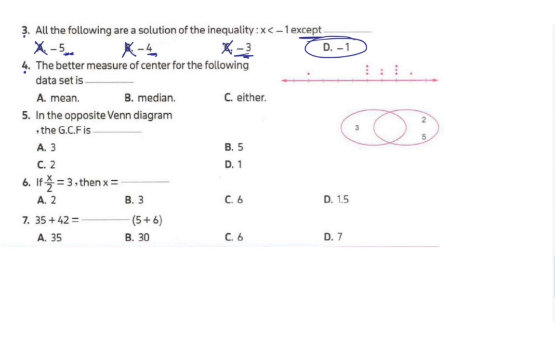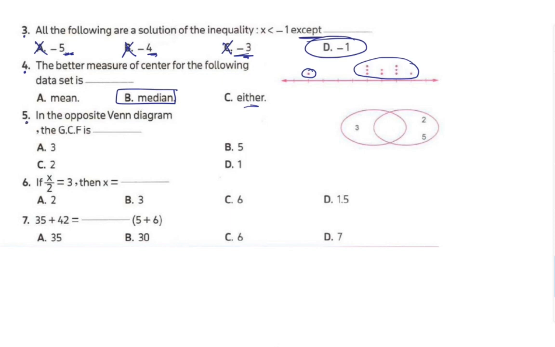And to use the median, look here, I have a group of dots and I have what? An outlier. When you have a dot plot with an outlier, use the median to find the center of this data. But if you have a symmetric one, may I use the mean or the median? It's the same. So if it's symmetric, I will choose either.